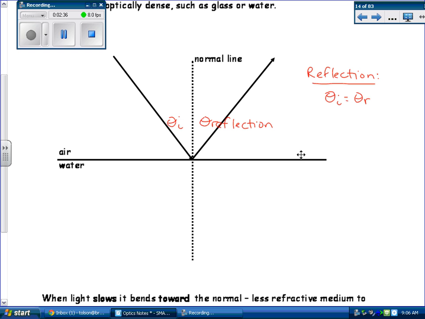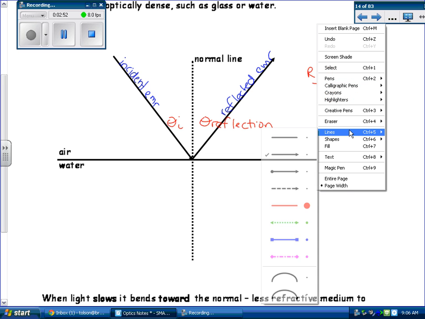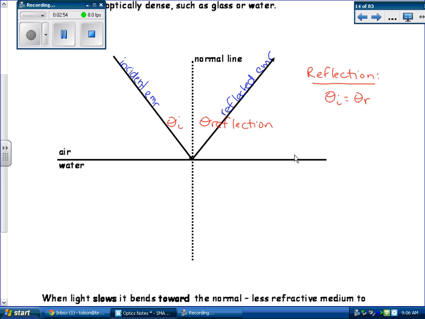So then this is the incoming or incident EMR, reflected EMR, and then this would be the refracted EMR.